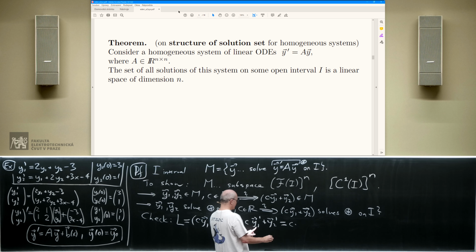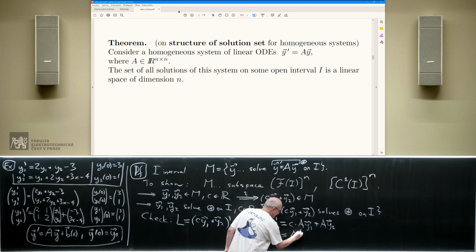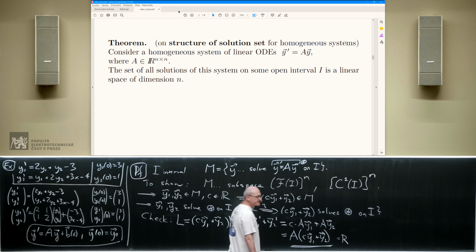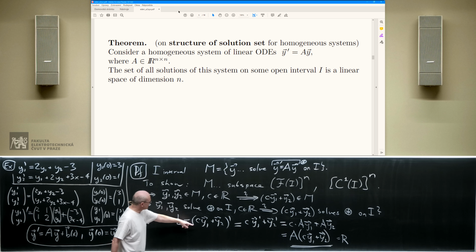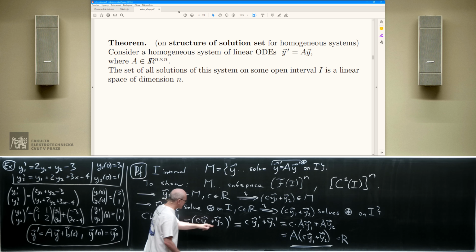Okay, now c is a constant, and this is a matrix multiplication essentially. According to the rules, c can be moved inside, and then we can factor out A. So A is factored out, c moved inside, and I look at it and I say, wow, that's exactly what I wanted. That's the right-hand side of my system, if I substitute in cy1 plus y2. And again, that's the end of the proof. Very nice.